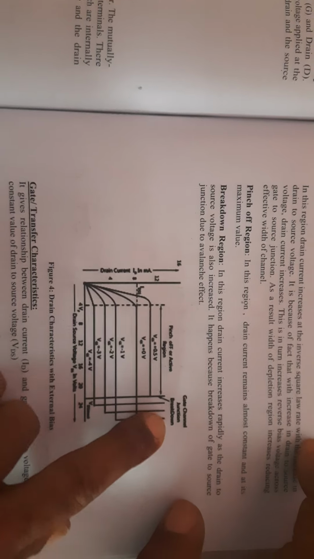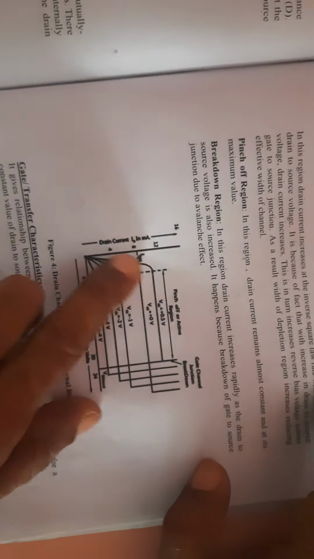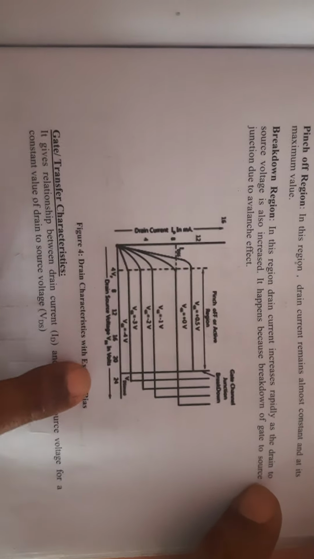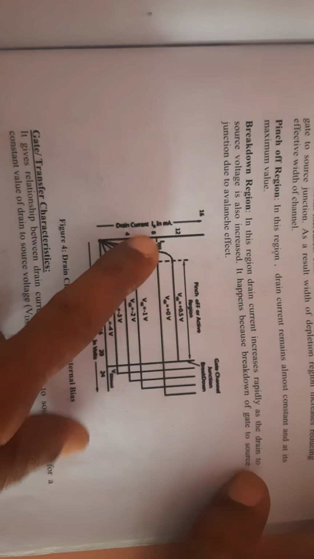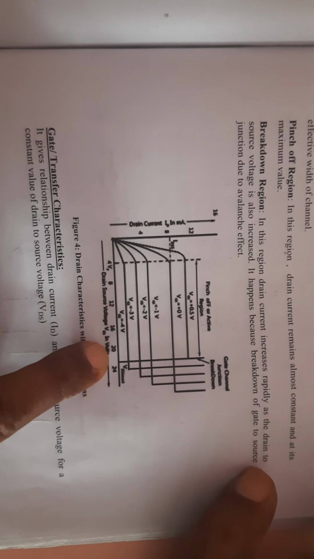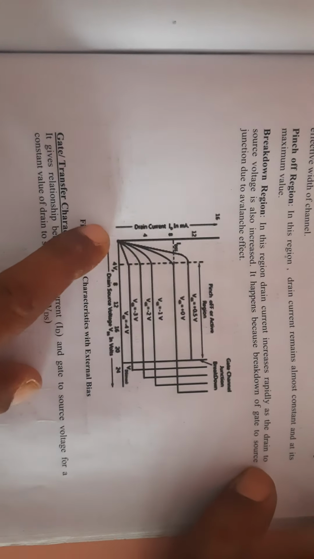So this is the drain characteristic graph, plotted with drain source voltage along the x-axis and drain current along the y-axis.